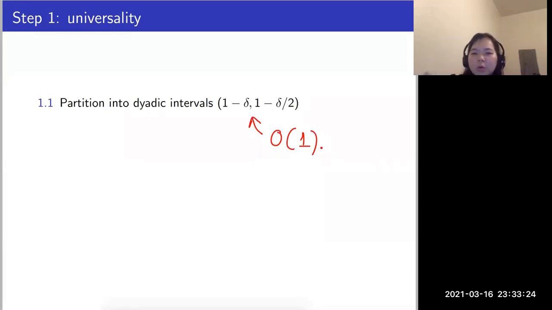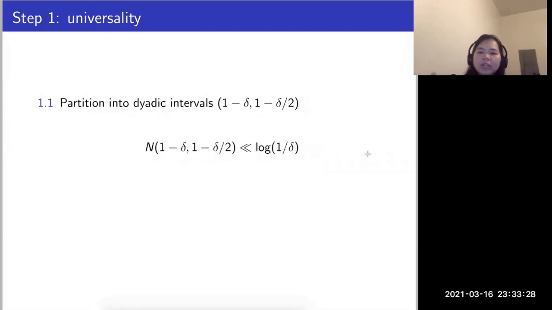These are local intervals that we look at. And for each of these local intervals, we show, here is just a rough upper bound, that they are typically of order 1, but a rough upper bound is to show that the number of real roots in each of these intervals is smaller than log.